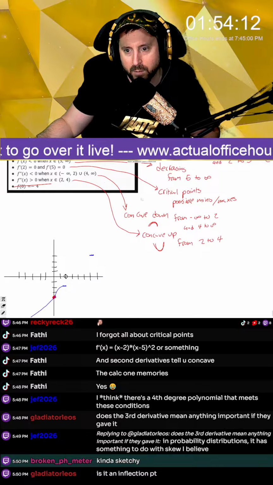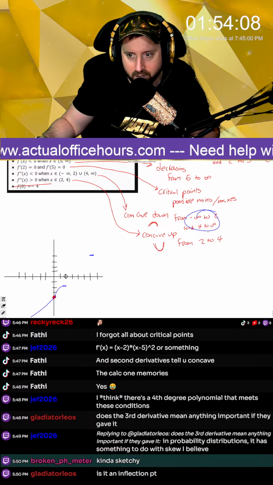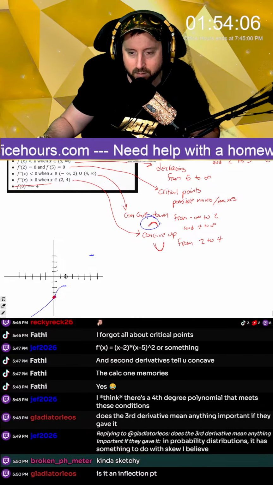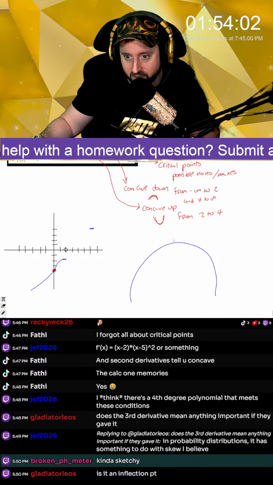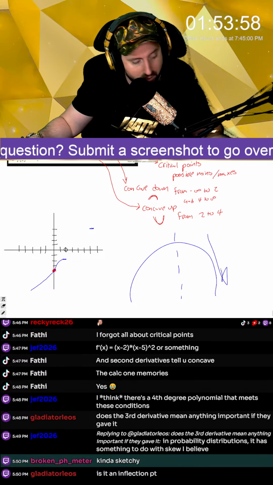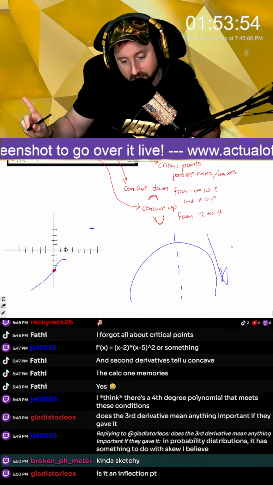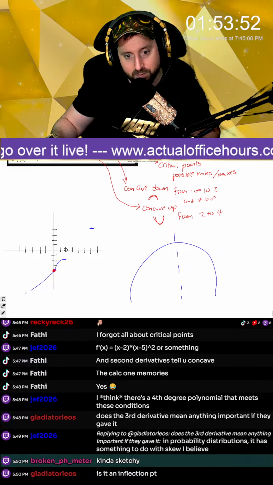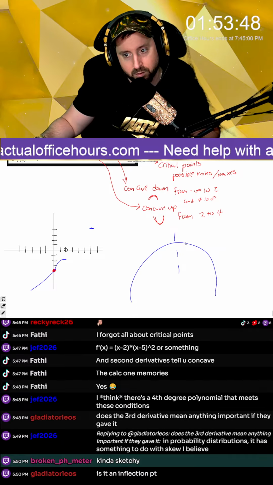Between negative infinity and 2, it needs to be concave down. So concave down, but increasing. Concave down has 2 parts: you can have concave down and increasing, or concave down and decreasing. But because we know it needs to be increasing, we're only going to use these types of curves.